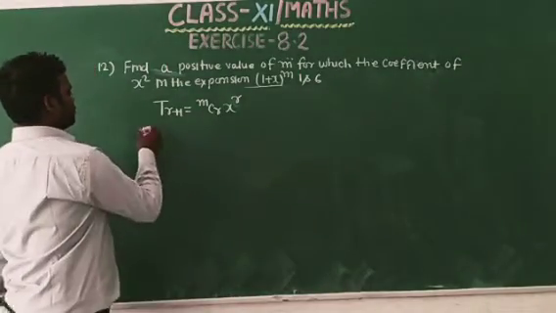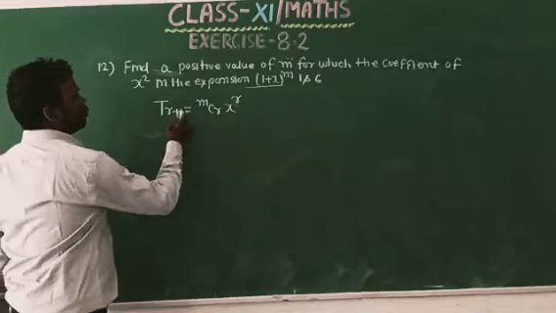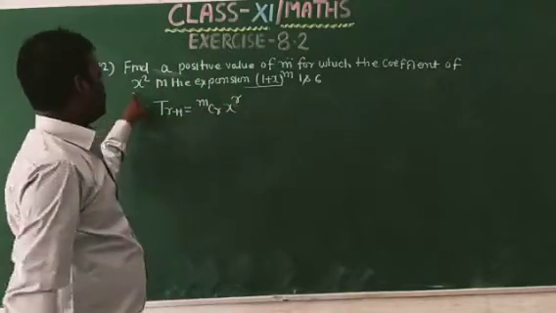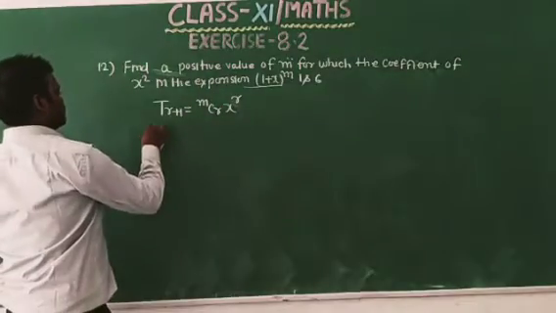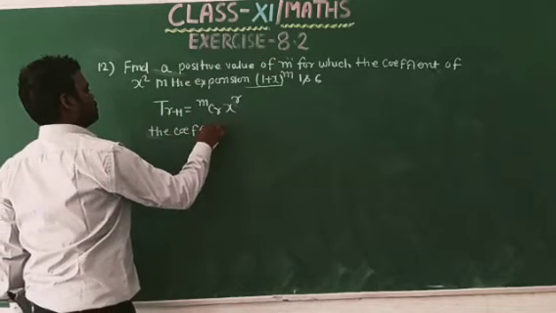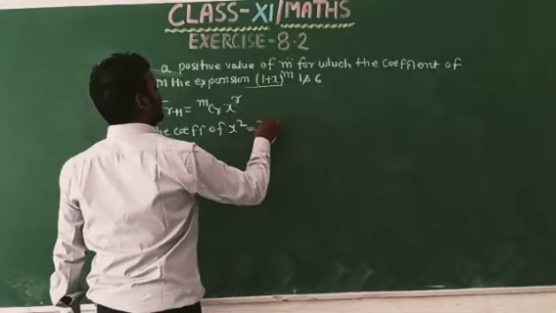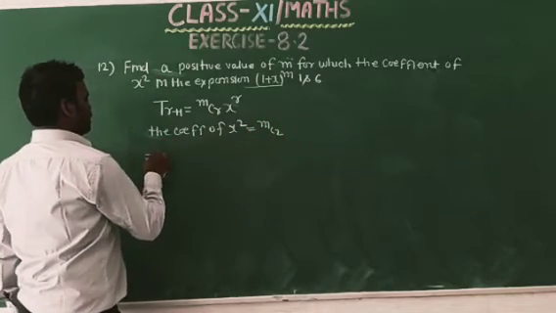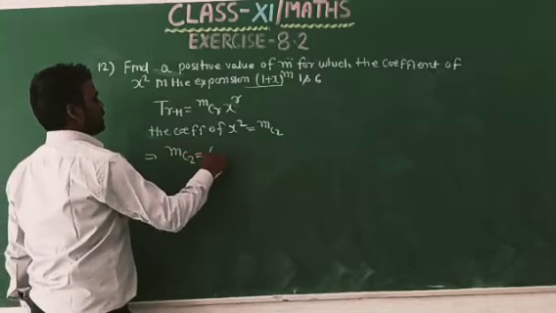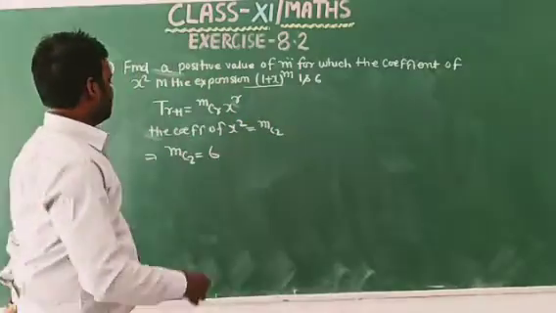So therefore the coefficient of x to the power 2 is equal to m C 2, and the coefficient of x to the power 2 is given as 6. So now simplify.